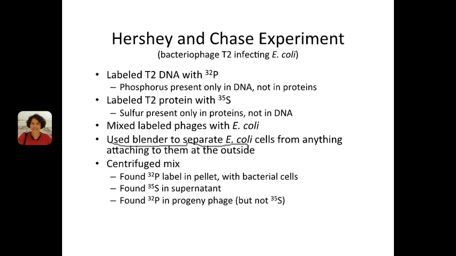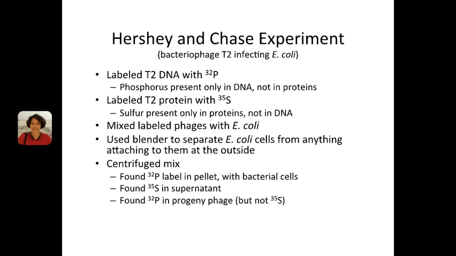The action of the blender won't hurt the bacterial cells or the phages, but it will shear off anything that is on the outside of the bacterial cells. So in other words, anything that's sticking out from the cells is going to be separated from those cells.